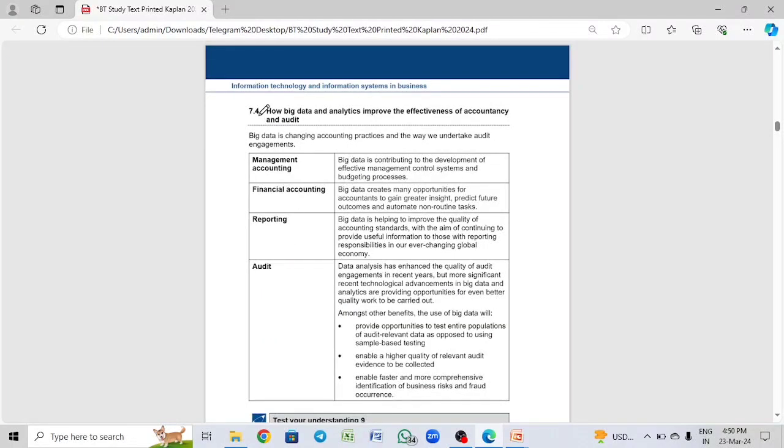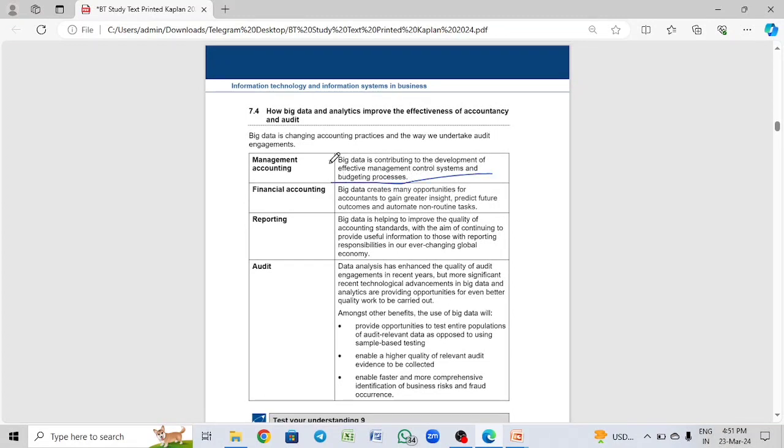Now there's a topic: how big data and analytics improve the effectiveness of accountancy and audit. We know how big data is used by big firms. So how does it help audit the firms, or affect the effectiveness of accountancy? For management accounting, big data is contributing to the development of effective management controls and budgeting processes.